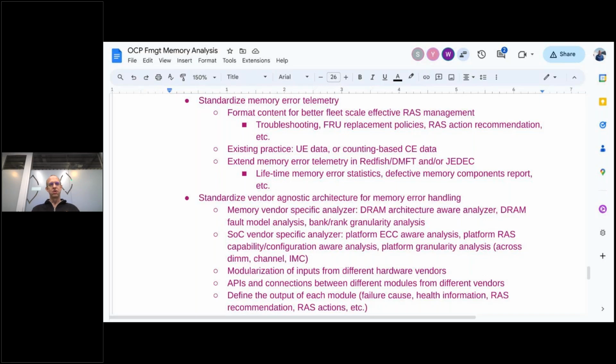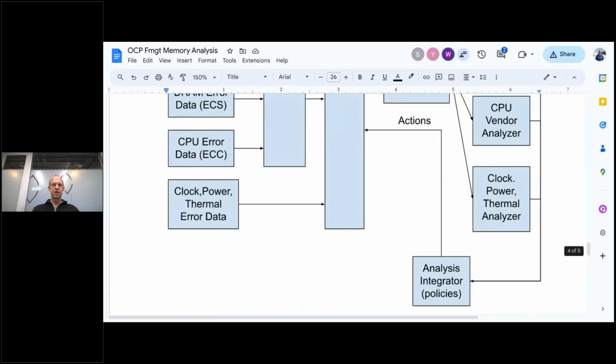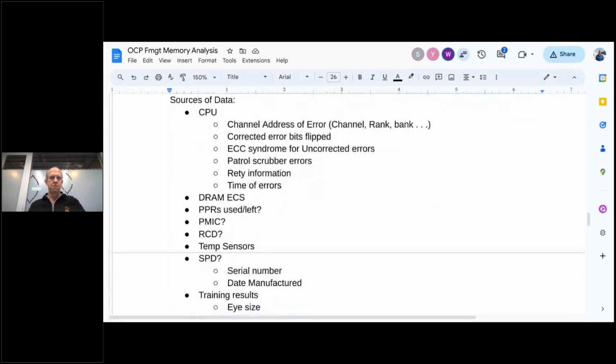Okay, so let's scroll up. I was thinking about what goes in and what comes out, and I'm trying to guess, so if you have better information, please share. We have sources of data, like from the CPU, we get the ECC information: the channel address of the error, which bits were flipped, and the ECC syndrome.